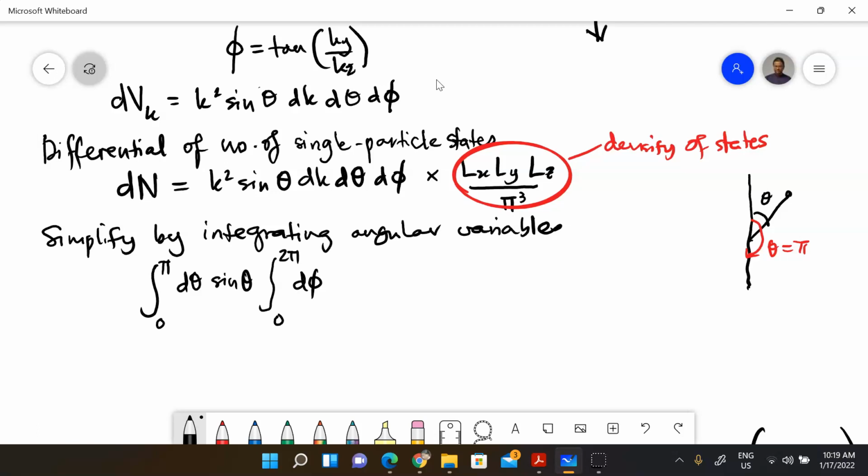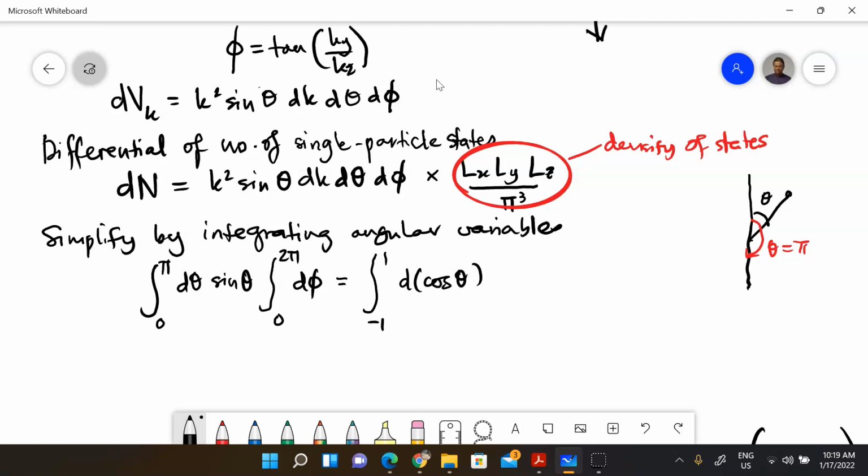If you integrate, we can write it differently. If I realize that this is equal to d cos theta, actually it's minus d cos theta, but I flip the limits because cos 0 is 1, so 1 is supposed to be down here, and cos pi is negative 1, so it's supposed to be up.